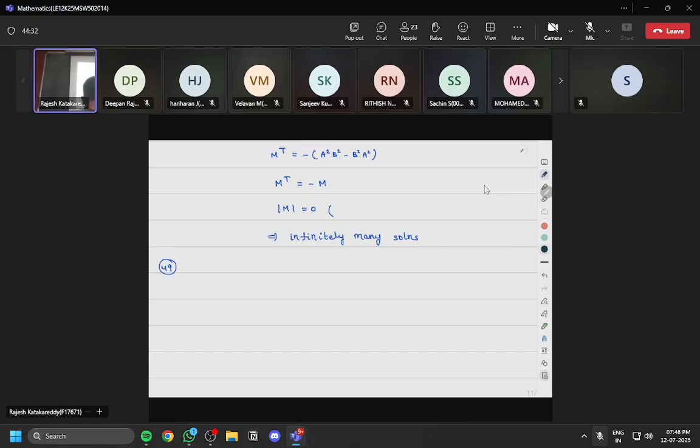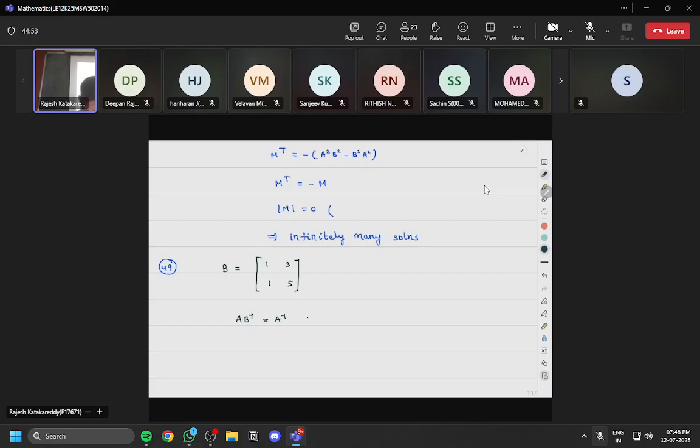In 49, matrix B is given as 1, 3, 1, 5. A is a 2 by 2 matrix such that A into B inverse is equal to A inverse.